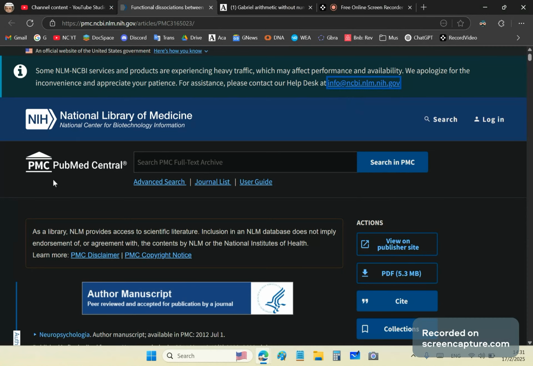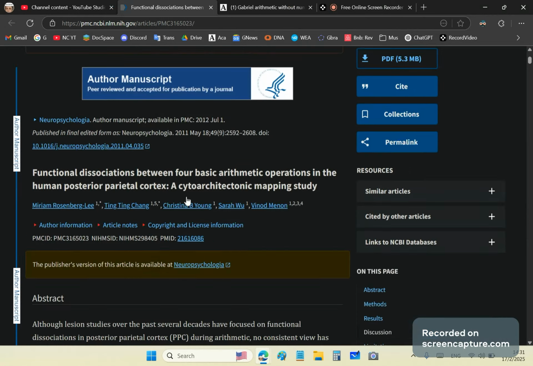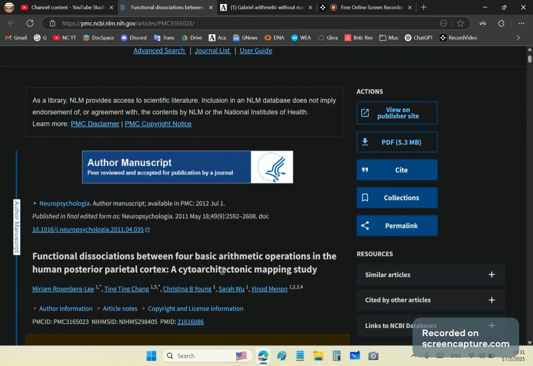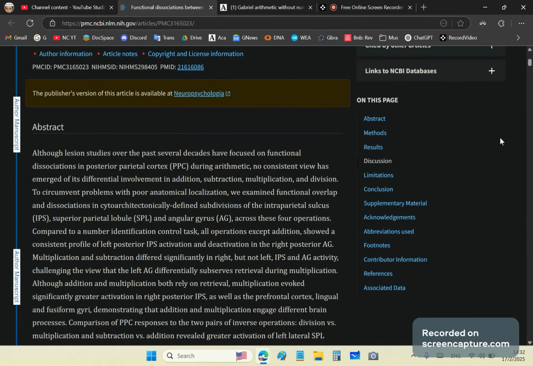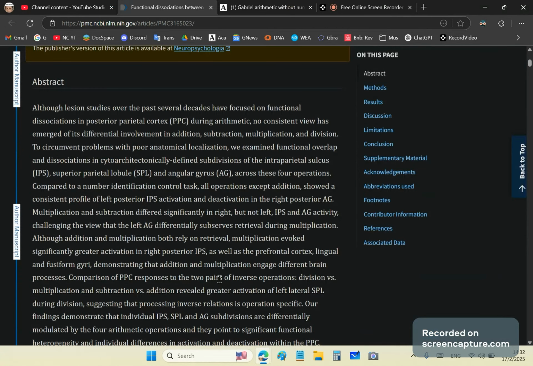In any case, what this paper does is it considers the functional dissociations between the four basic arithmetic operations in the human posterior parietal cortex, a cytoarchitectonic mapping study.